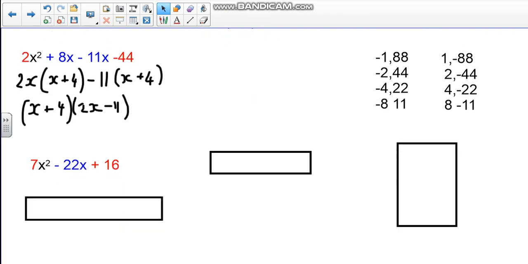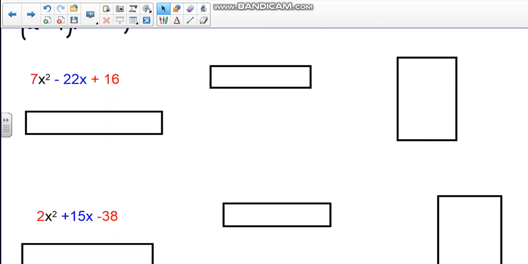So let's have a look at another example here. I've got 7x squared minus 22x plus 16. So again, we multiply the 7 and the 16. That gives us 112. Now that looks like a difficult one to find factors for, but actually if you're methodical, it's not too difficult. They're either going to be both positive or both negative.